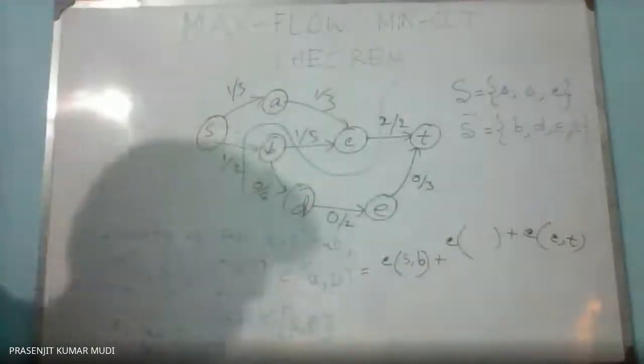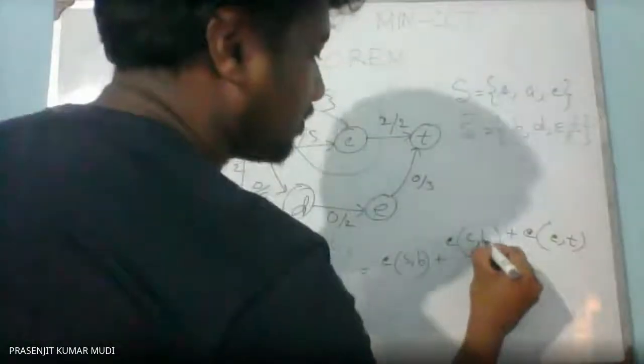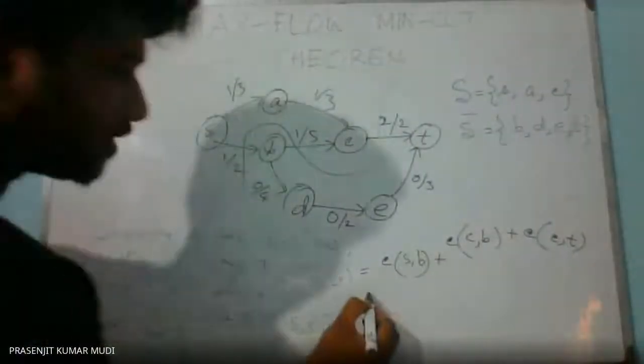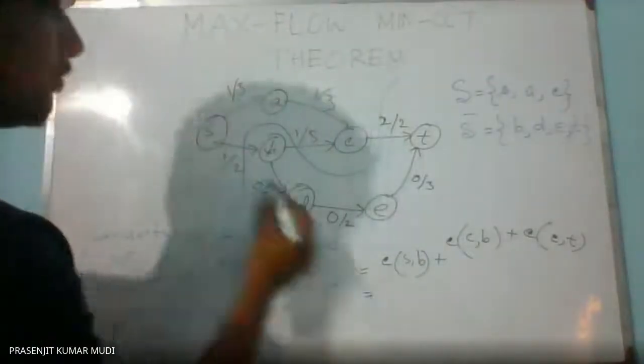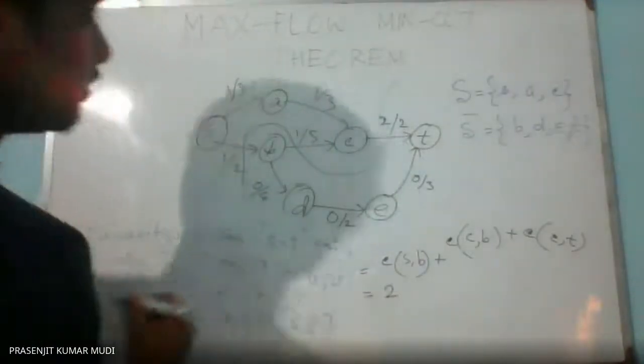In two ways we can define that. Let me, okay, C comma B, no issue. The capacity of S comma B, 1, 2.